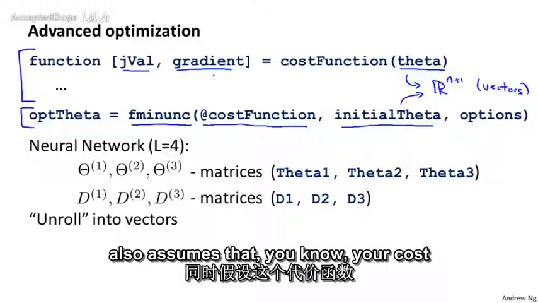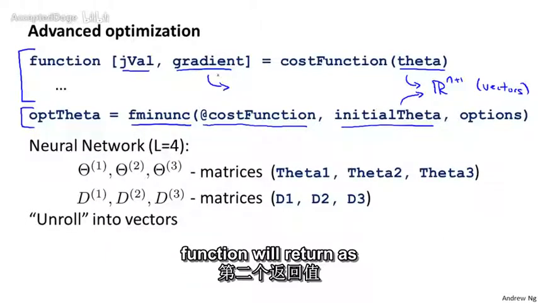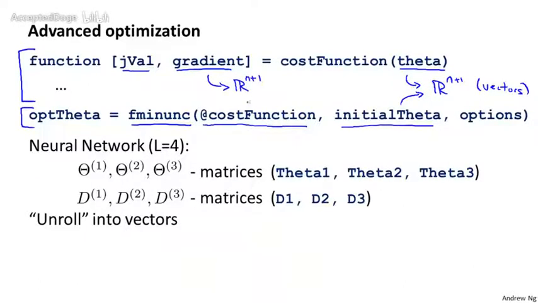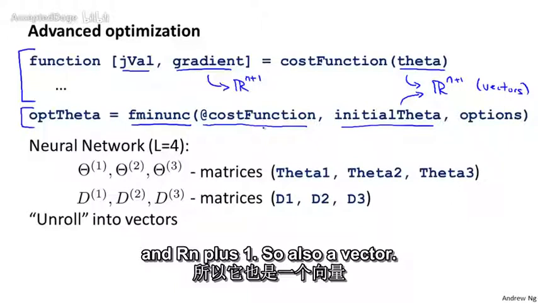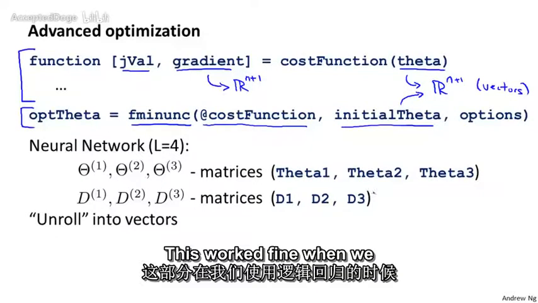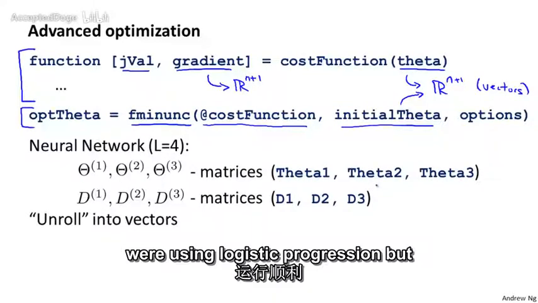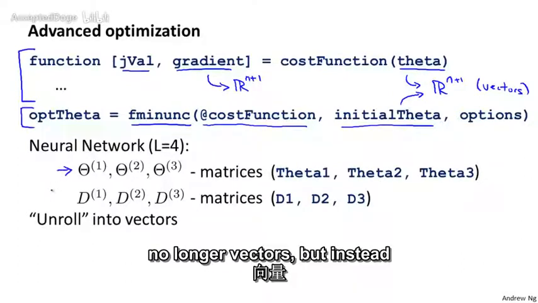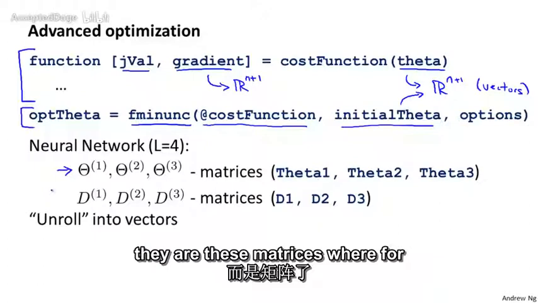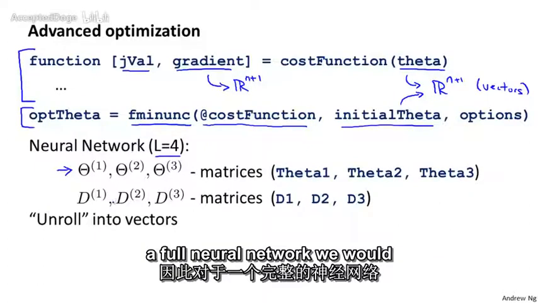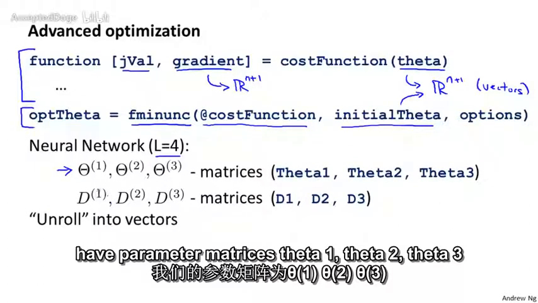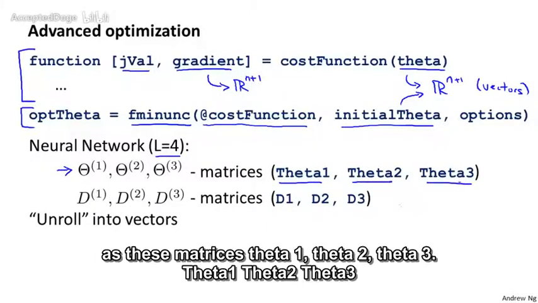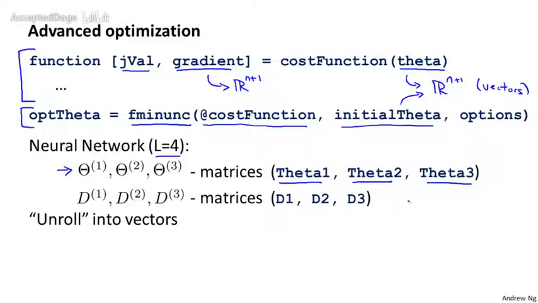And it also assumes that your cost function will return as a second return value this gradient, which is also like R^n or R^(n+1), so also a vector. This worked fine when we were using logistic regression, but now that we're using a neural network, our parameters are no longer vectors, but instead they are matrices, where for a 4-layer neural network we would have parameter matrices Theta1, Theta2, Theta3 that we might represent in Octave as matrices Theta1, Theta2, Theta3.